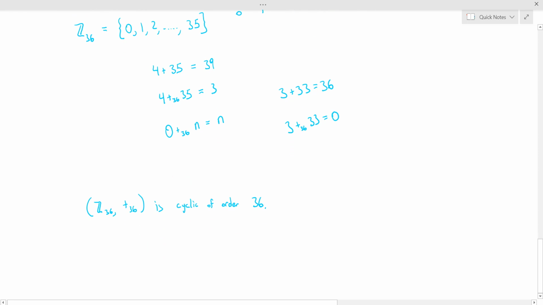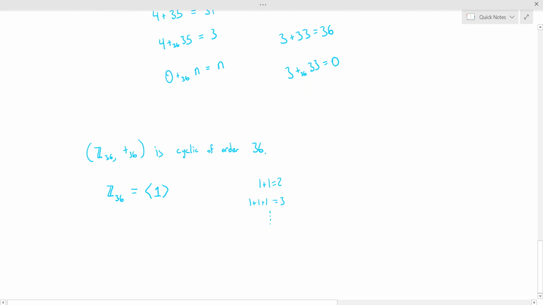And it's cyclic because it is generated by the number 1, okay? So remember, the group operation here is addition. So if you take the number 1 and keep adding it to itself, 1 plus 1 is 2. 1 plus 1 plus 1 gives you 3, and so forth.